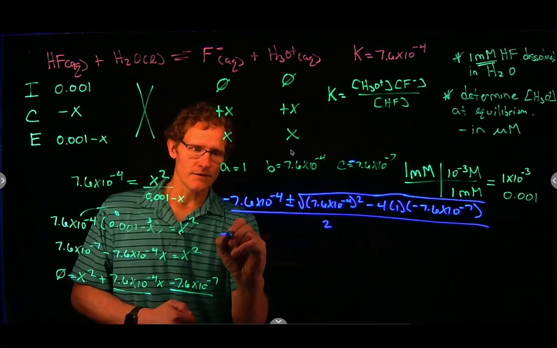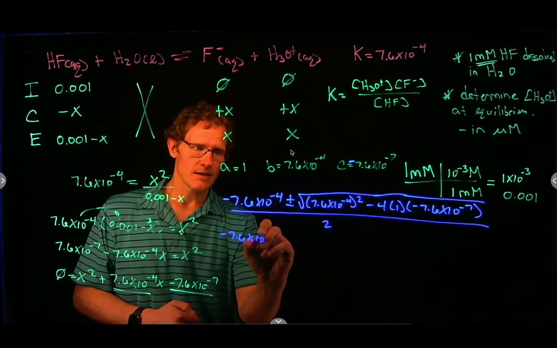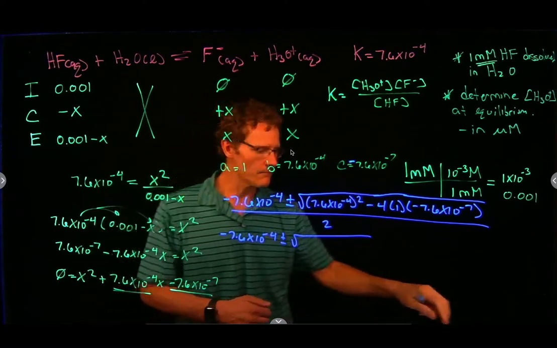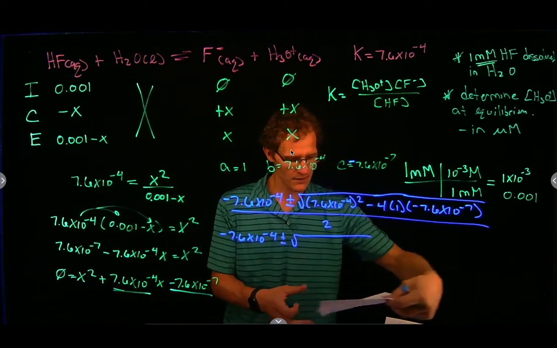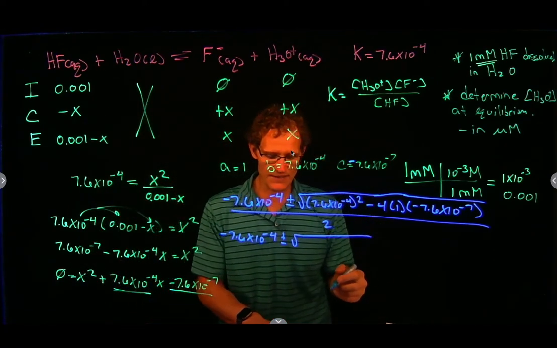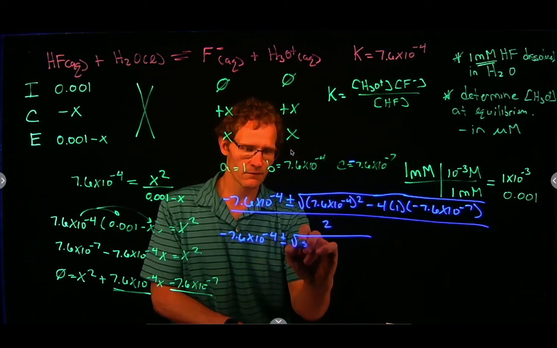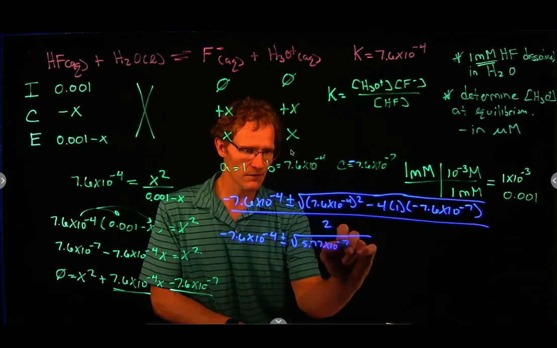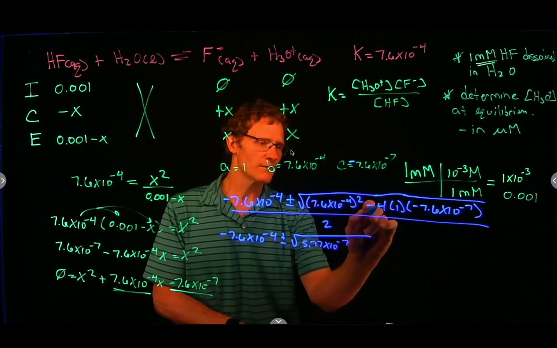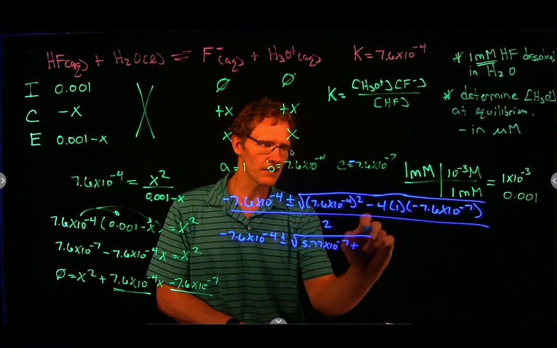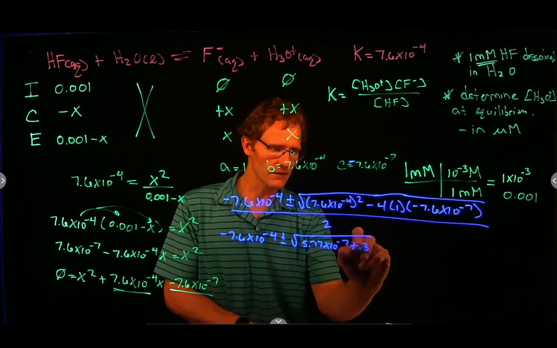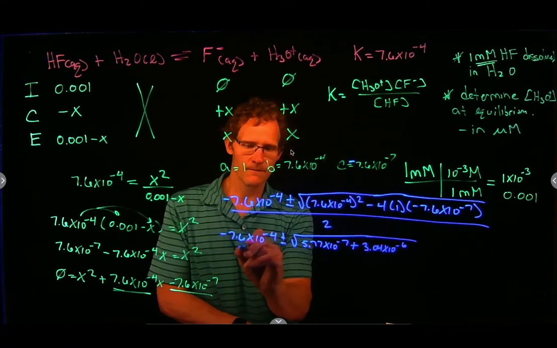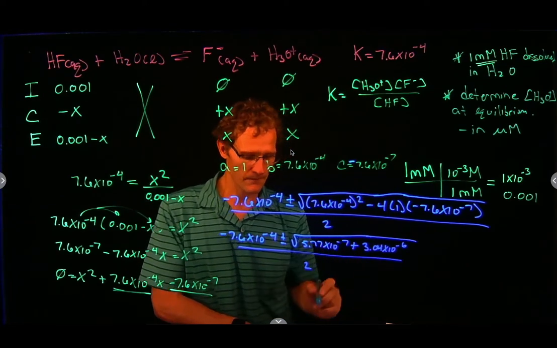So we have negative 7.6 times 10 to the minus fourth plus or minus the square root of b squared, which is 5.77 times 10 to the minus seventh, minus 4 times a times c, so it's plus 3.04 times 10 to the minus sixth, all over 2.